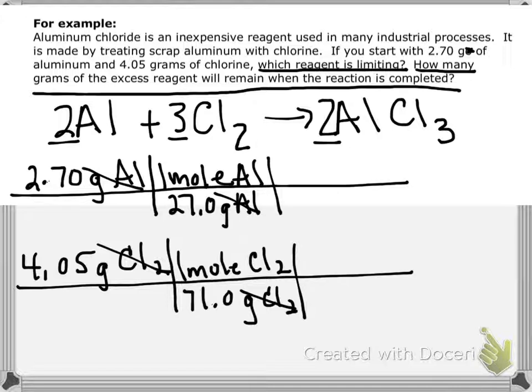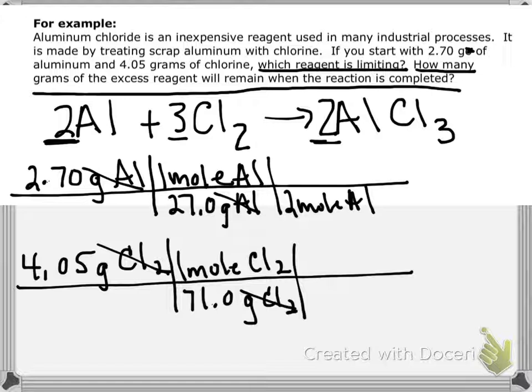Now I want to set up mole-to-mole ratios showing the relationship between what's given to me in each problem and what I'm trying to find. So for the top problem, I'm looking for the relationship between aluminum and aluminum chloride. Well, the number in front of aluminum is 2, so I'm going to put 2 moles of aluminum.